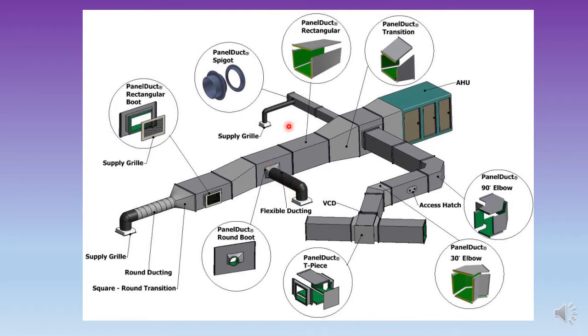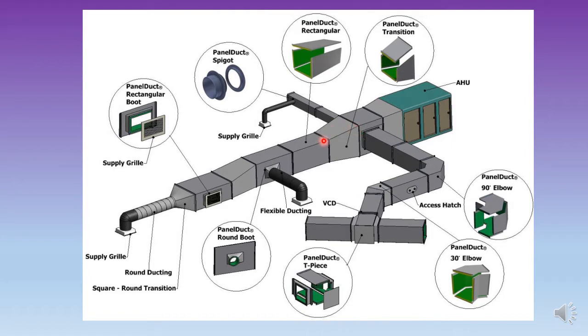And here is a panel of the rectangular duct. We have a transformation here, whereby the cross-sectional area of the duct becomes larger or smaller.